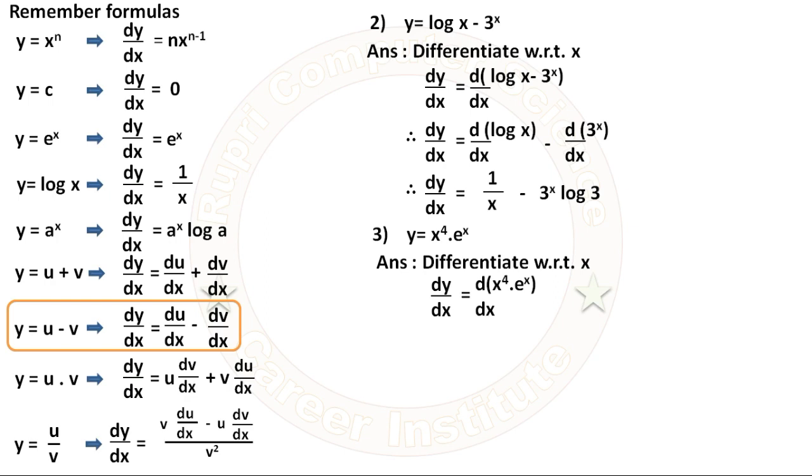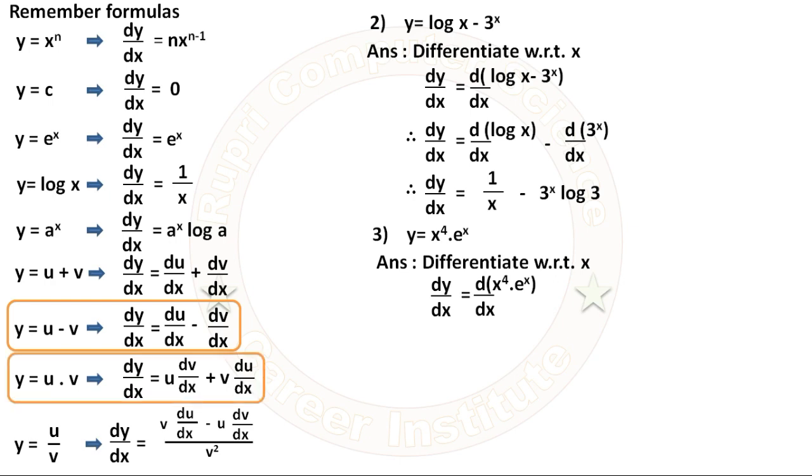Now see, this function is in the form u into v. Therefore, we apply the form y is equal to u into v, that is, dy upon dx is equal to u into dv upon dx plus v into du upon dx. This is the second last formula, this formula you have to use.